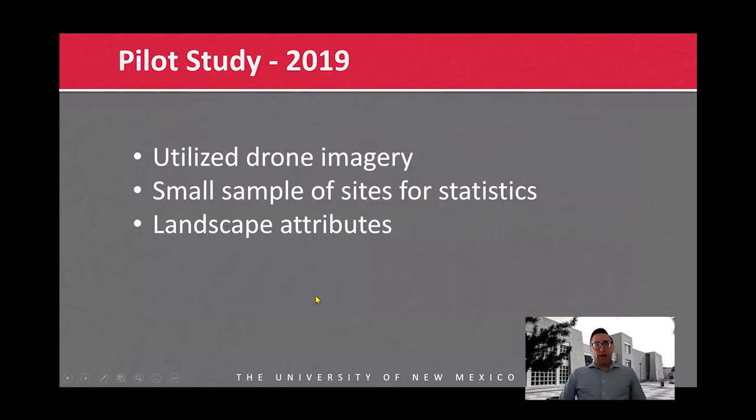Now, I bring up my pilot study done in 2019 because while I used drone imagery, which was very high resolution, it was only used on a 1 kilometer square area of my entire study area. But I was able to pull the landscape attributes and found some interesting correlations. For example, what seems to be found in the data is that structures group, and I see two distinctive groups.